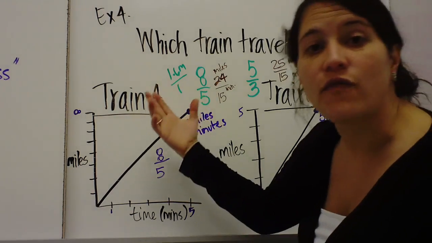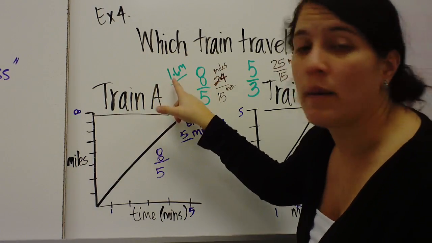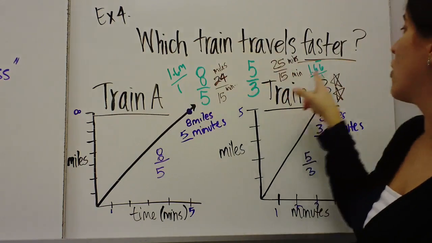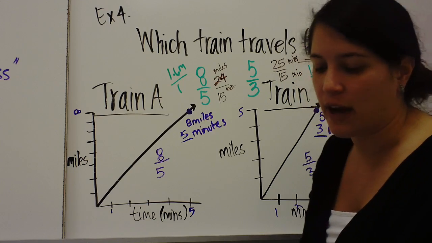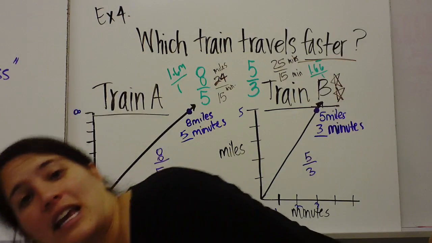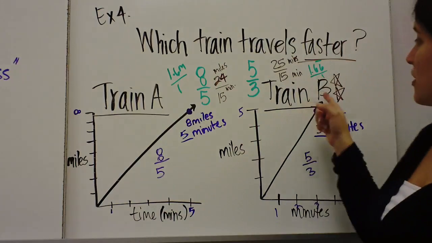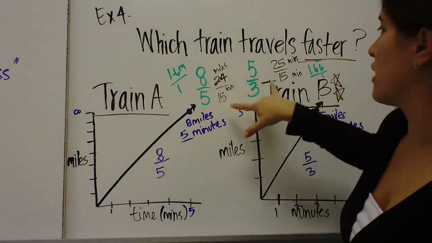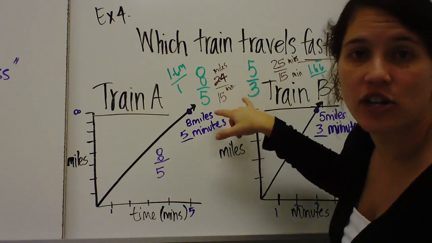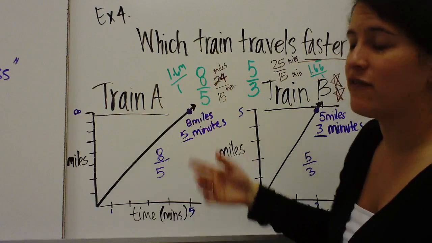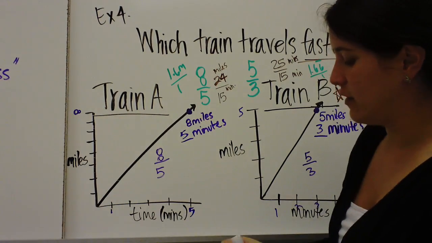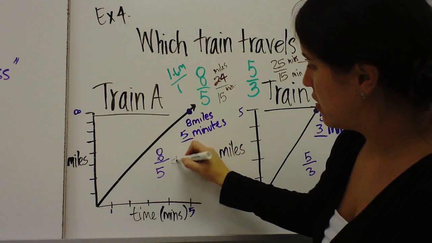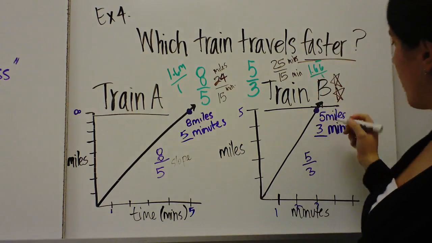So which one goes farther? I could go 1.6 miles, or I could go 1.666 miles in 1 minute by finding the unit rate, and I still see that train B is faster. So notice I could get a common denominator, an equivalent ratio, or I could divide and find the unit rate. But the slope is 8 over 5 or 5 over 3.